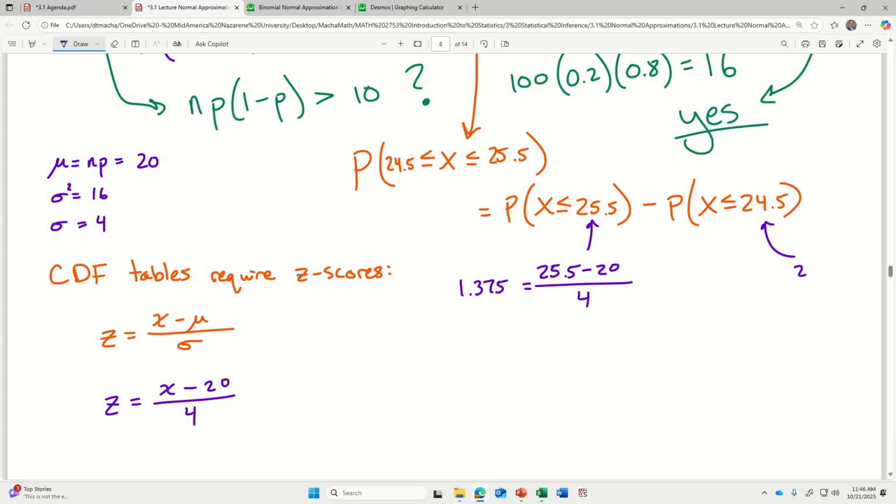To get this z-score, I do 24.5 minus 20 divided by 4. 4.5 divided by 4 is 1.125.